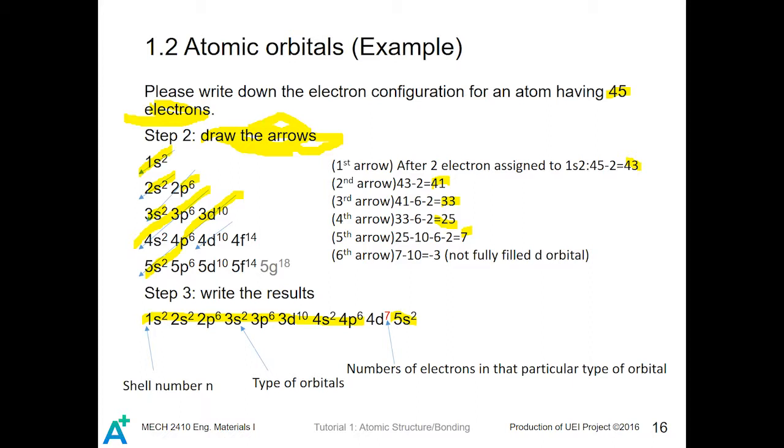And for 4d10, be careful that because only 7 electrons are assigned to this orbital, we write 4d7. Also be careful that the order for writing the result follows the shell number, or the principal quantum number, of these orbitals from 1 to 5, which is the ascending order.